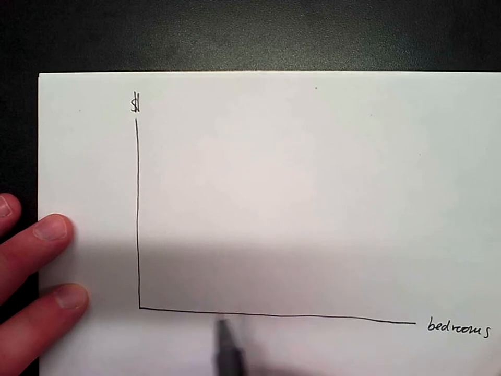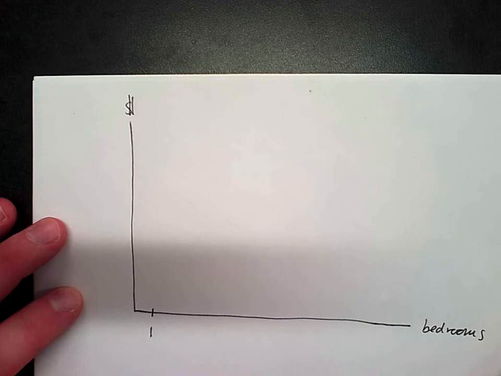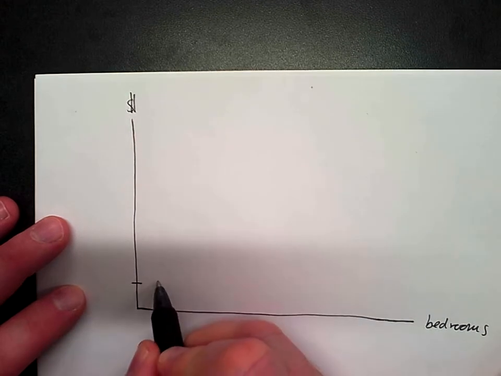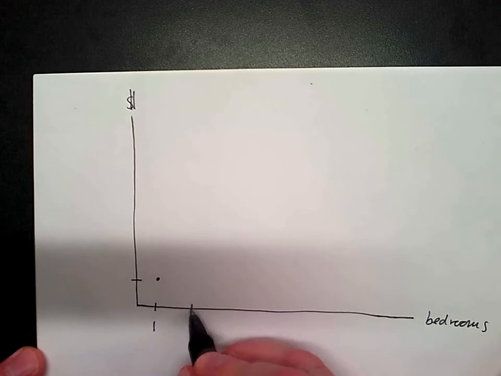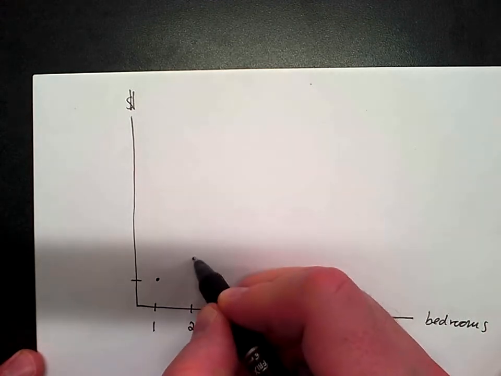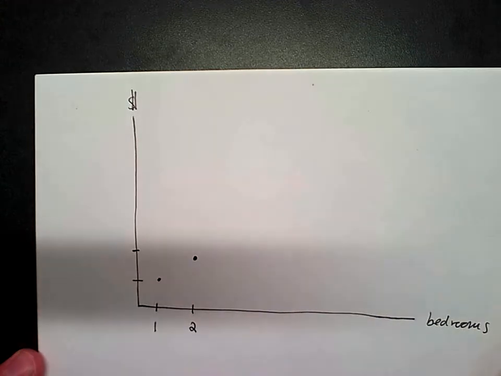Then I think everybody will agree that if you have a 1-bedroom house, chances are it's a pretty small house, so the value of that house is going to be fairly low. If you have a 2-bedroom house, well, here it's definitely going to be worth a little bit more than the 1-bedroom house, and so on and so forth, right?